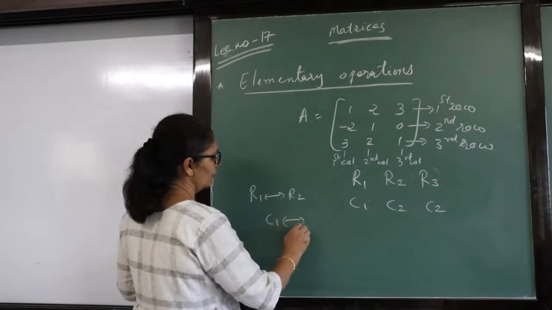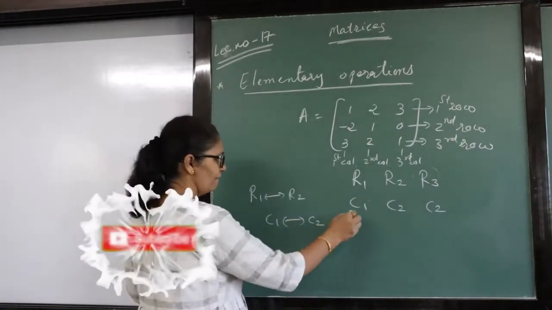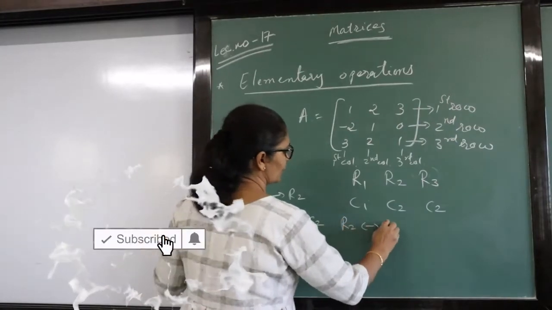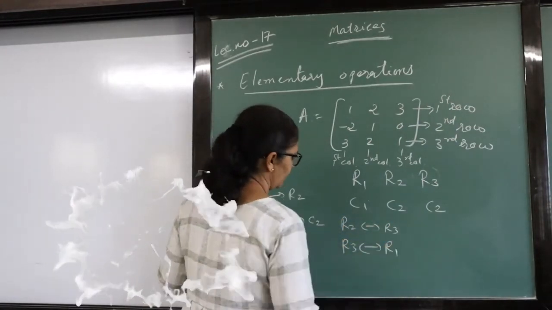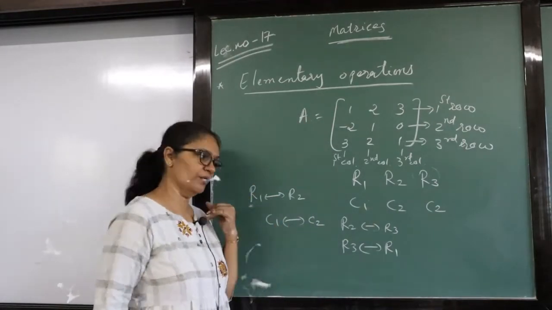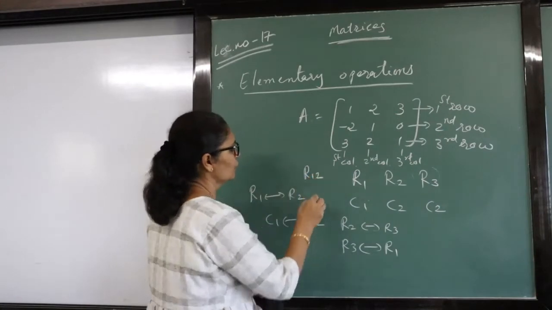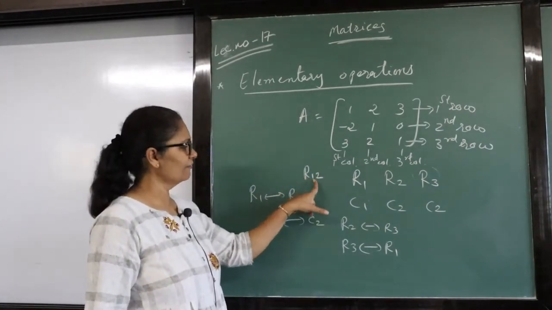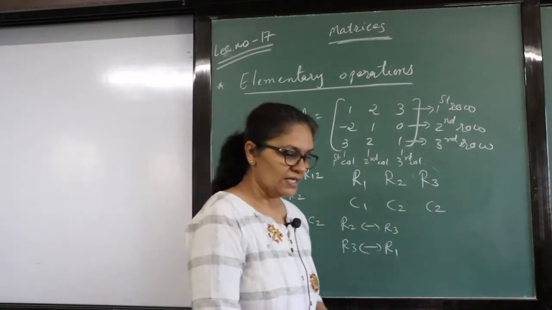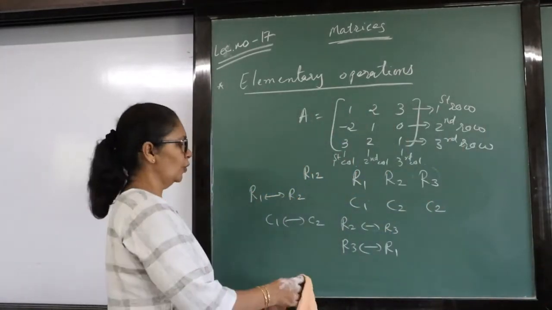A similar symbol you can use for columns also. In the same way R2 and R3 can be interchanged, and R3 and R1 also. If I write R12, the meaning of it is again interchanging R1 and R2 only. You can follow the same thing with columns and rows.